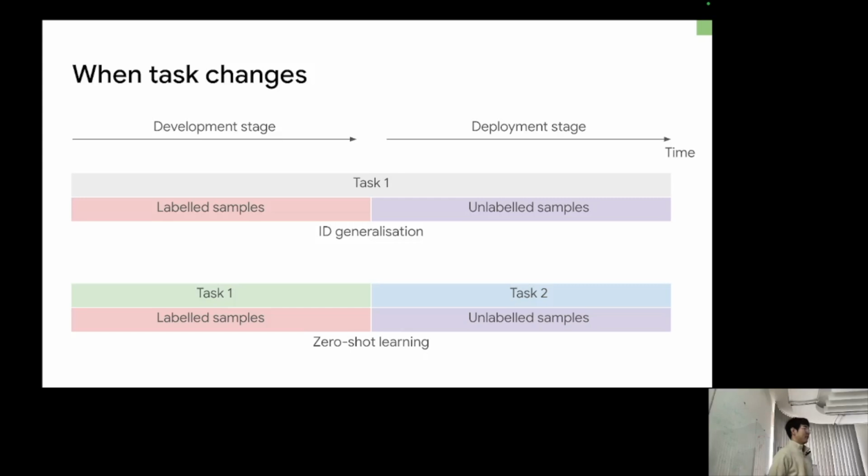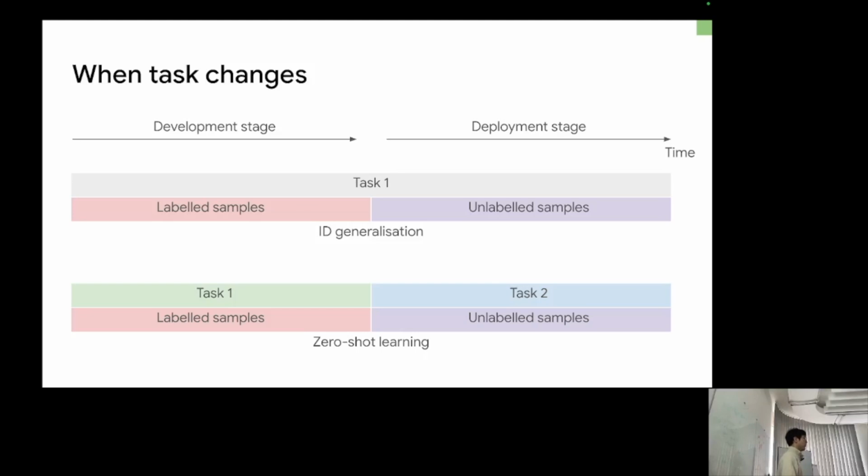So let's continue the discussion of what happens if you have a change in the task between development and deployment. Again, in the ID generalization case, you have the same task between training and testing. But now we are going to look at the cases where the task changes between training and testing. By the way, task change could also be seen as a distribution shift, right?